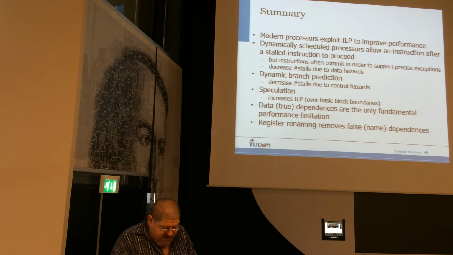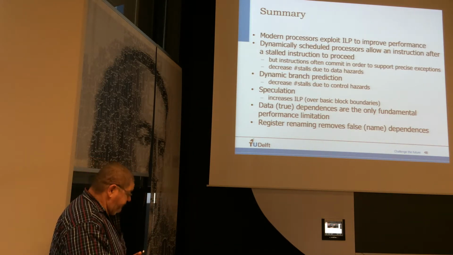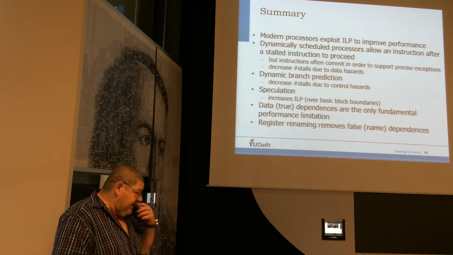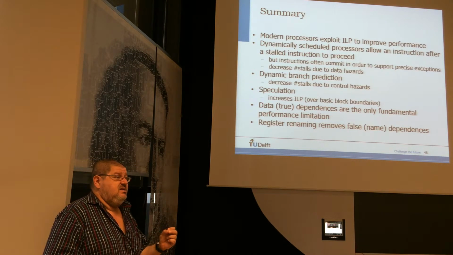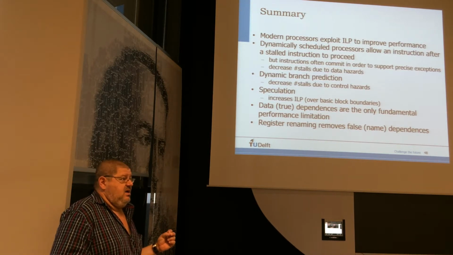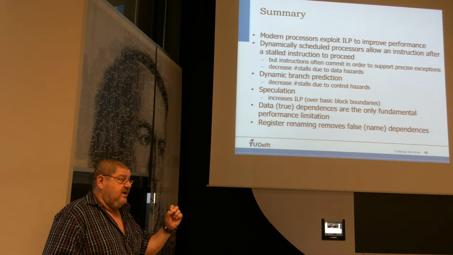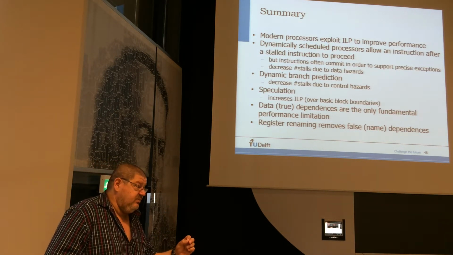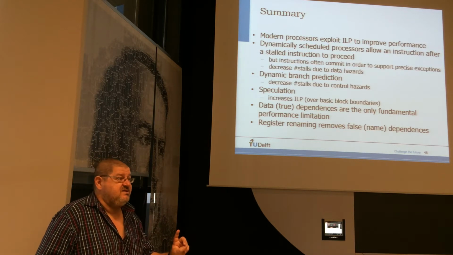Now, we have the ingredients for doing this, and this is kind of the summary of what we can do. And the conclusion is that when we talk about hazards, there are structural hazards which I cannot do anything about after design, but I can do things at design time.